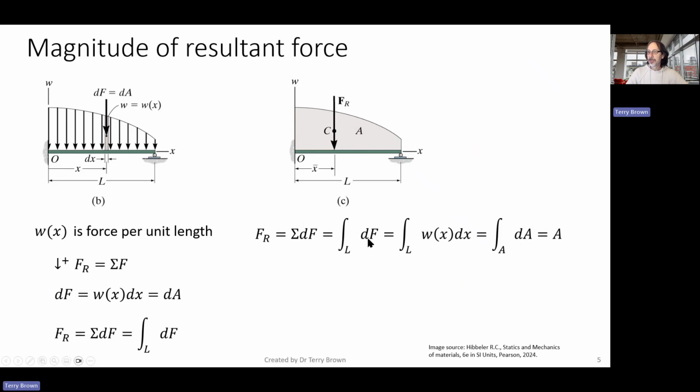We saw that dF is equal to the distributed load function times the width of the element dx, which is the same as integrating over all of these dA's, which is the same as finding the area under the curve. So our resultant force is equal to the area under the distributed load curve, which is what I put there in the slide.